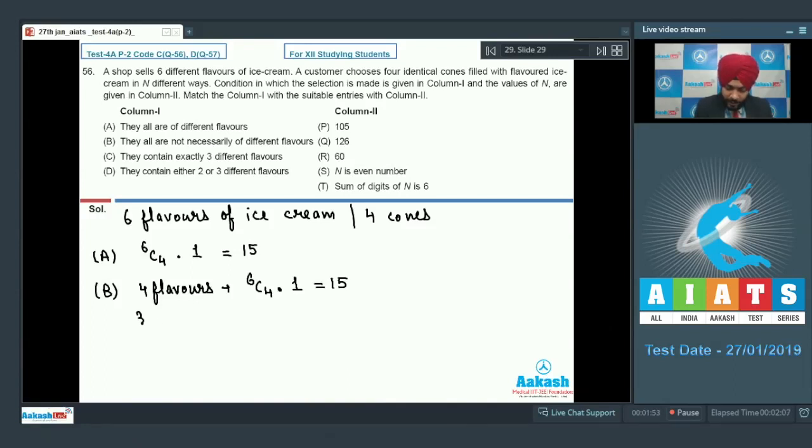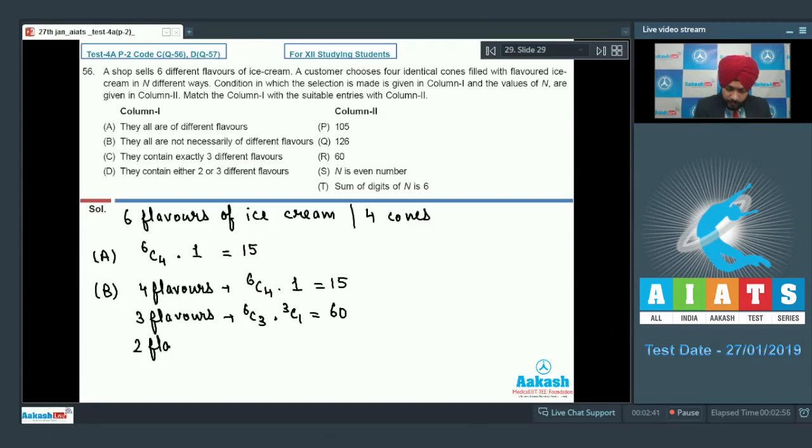If we select any 3 flavors out of 6, we select in 6C3 ways. Out of these 3 flavors, 1 flavor will be filled in 2 cones, so for selecting that particular flavor we have 3C1 ways. That means 6C3 is 20, 3C1 is 3, so 60 ways.